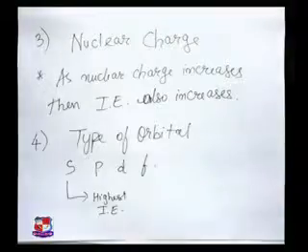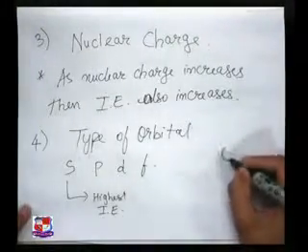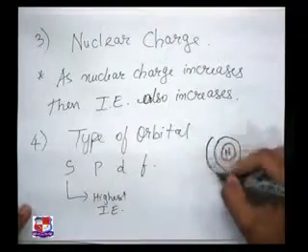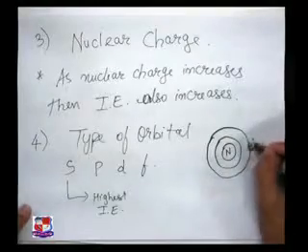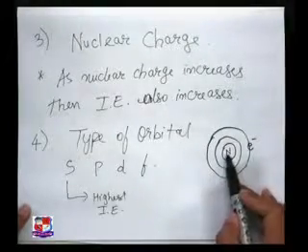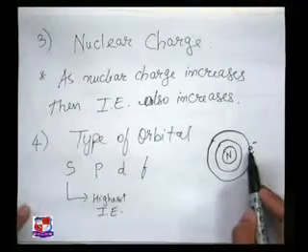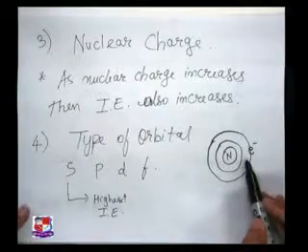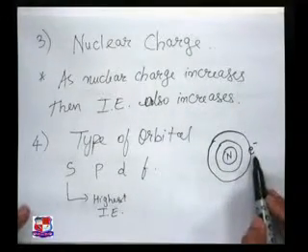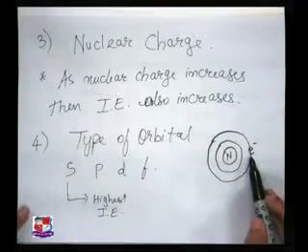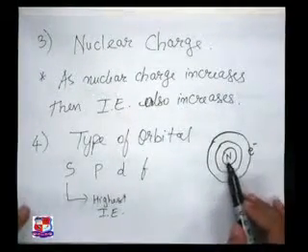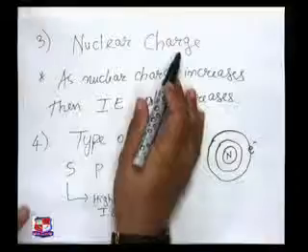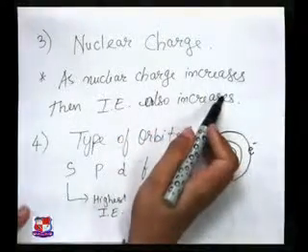You can clearly understand: suppose this is the nucleus, and this is an electron. When the nuclear charge increases, the electrons will be attracted by the nucleus and cannot move freely or easily. Hence, to remove these electrons we need to supply a very large amount of energy, because we have to overcome the nuclear attraction, and that is why with increase in nuclear charge, your ionization energy also increases.